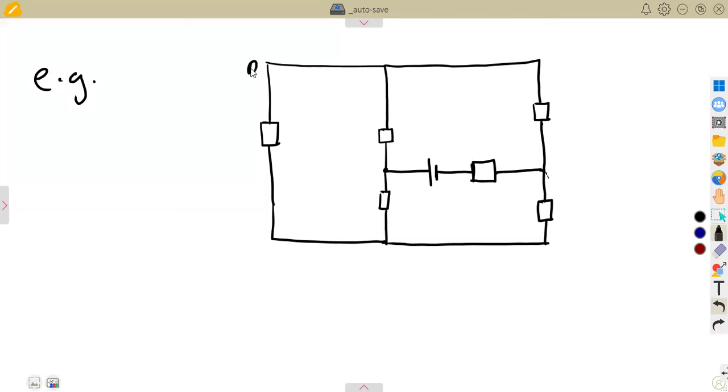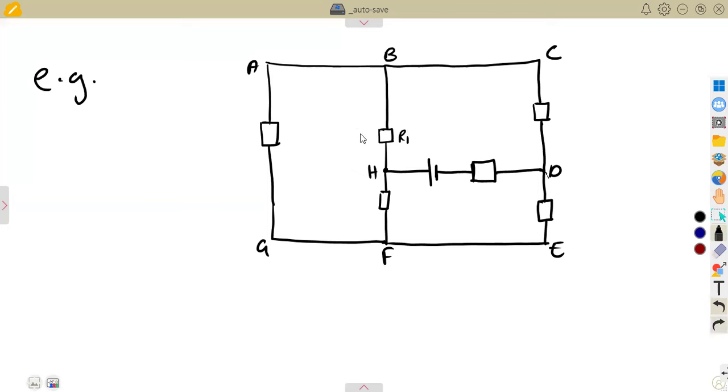All right, so let's say we are given this as A, B, C. Then we have got D, and we have got E, F, G, and let's say this is H. Let's say this is R1, which is 2 ohms.